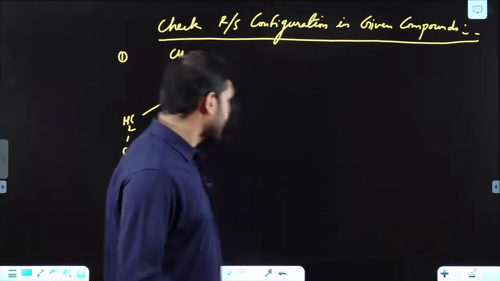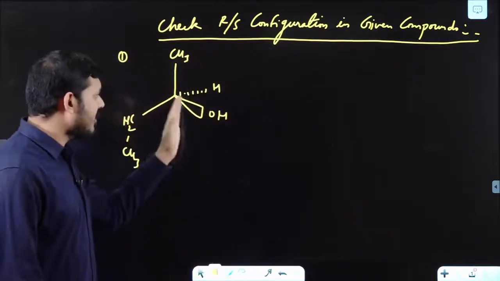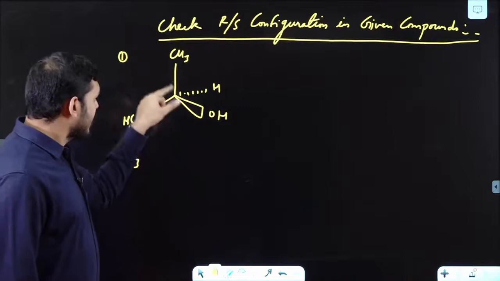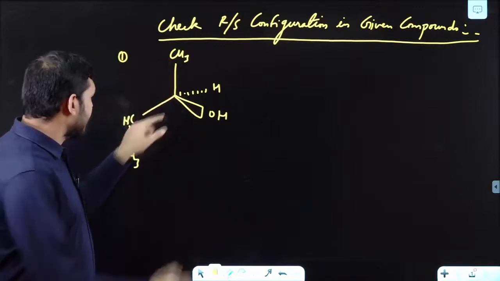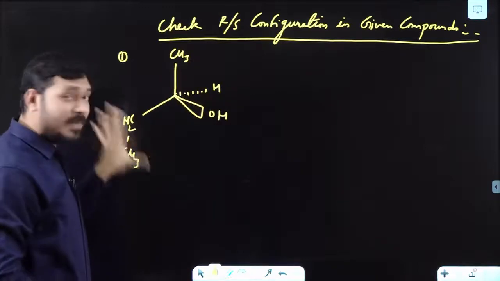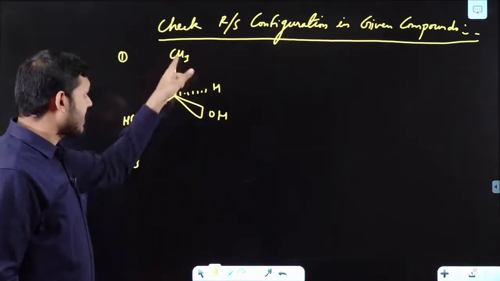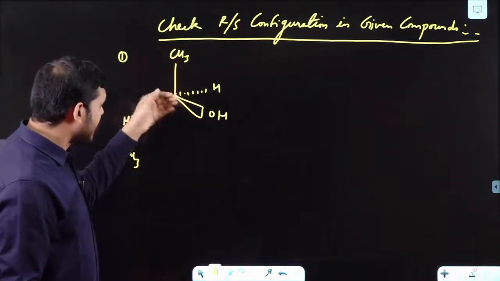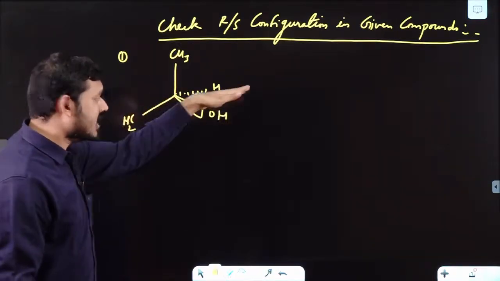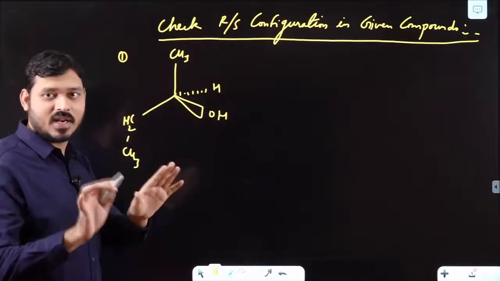See, if you observe this one, this carbon is having hydrogen, OH, CH3 and ethyl, this side in the plane itself, and you will see that this OH is towards you, and this hydrogen is away from you, back side. Clear?